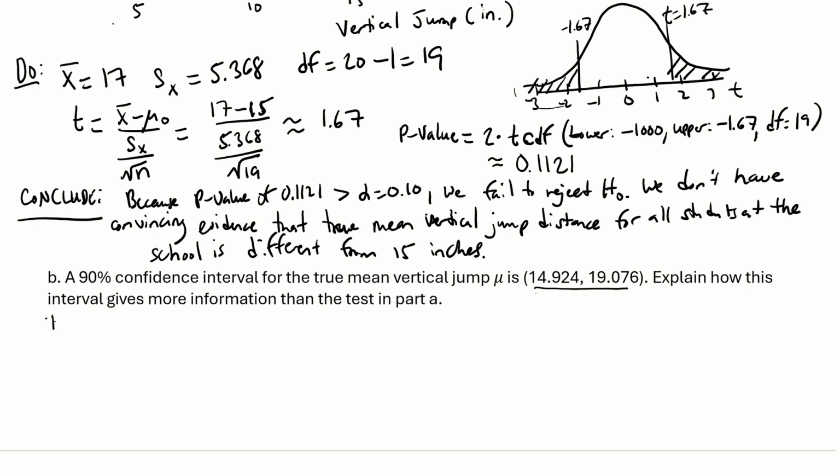So I'm going to say part A only allowed us to fail to reject H0.